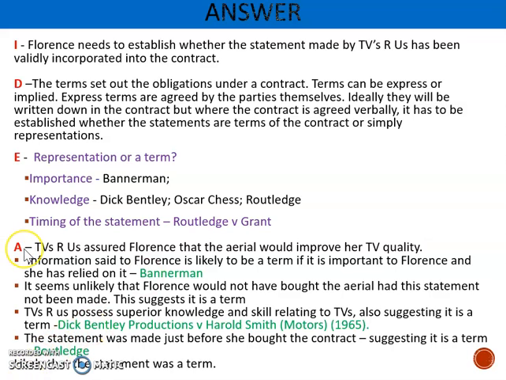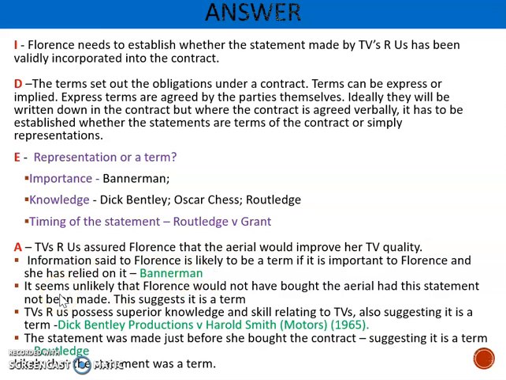So in my application, I've started off by saying what statement needs to be looked at. So TVs R Us assured Florence that the aerial would improve her TV quality. That's the statement we need to look at. The information is likely to be a term if it's important to Florence and she's relied on it, Bannerman.